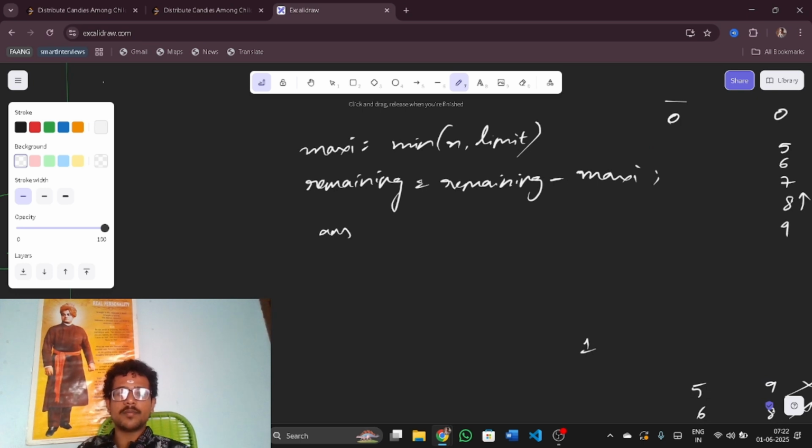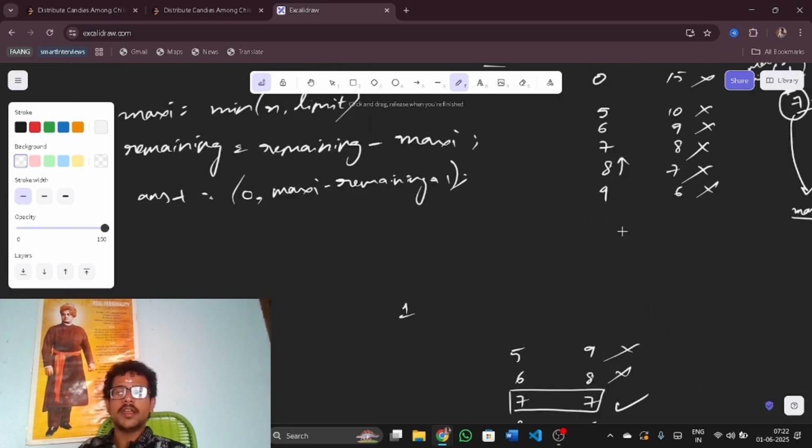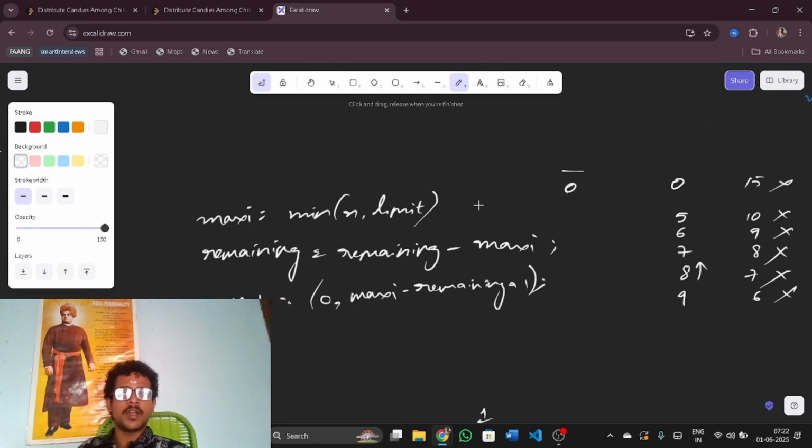And answer plus equal to maxi minus remaining plus 1. Why? Here if you see 0, right? The remaining number of candies are 15 and the maxi that I get is the minimum of n comma limit, which is 7.